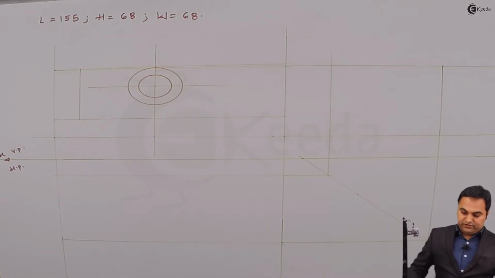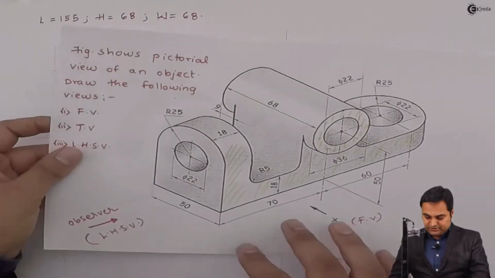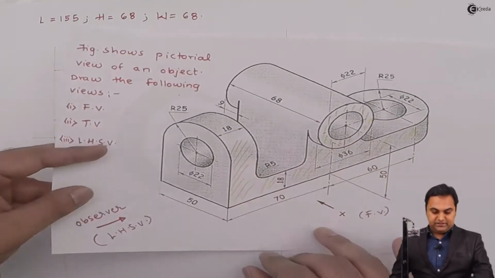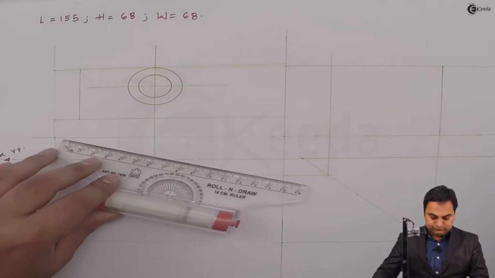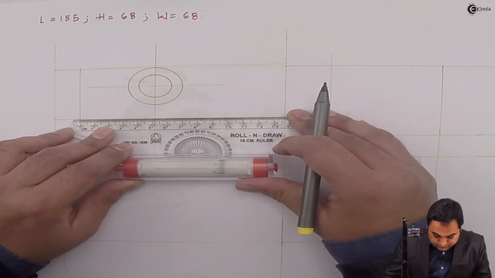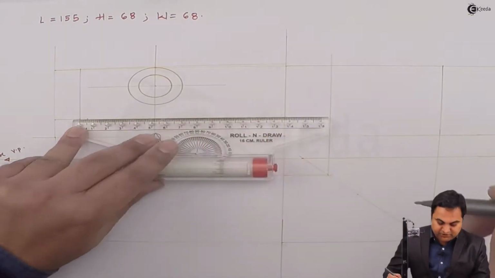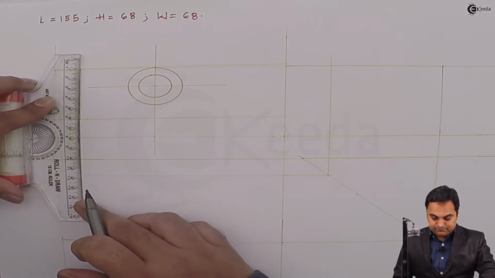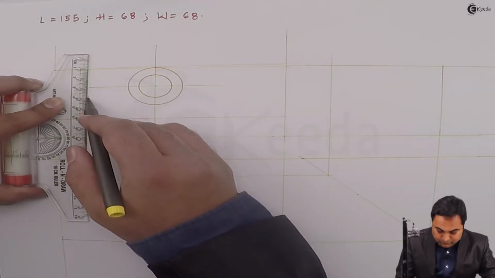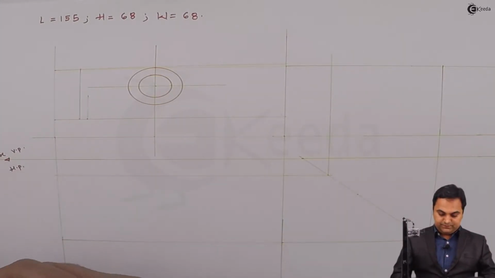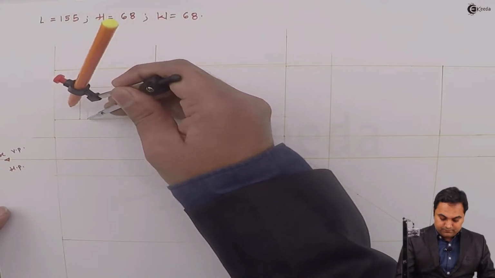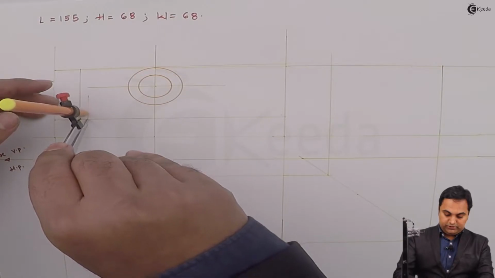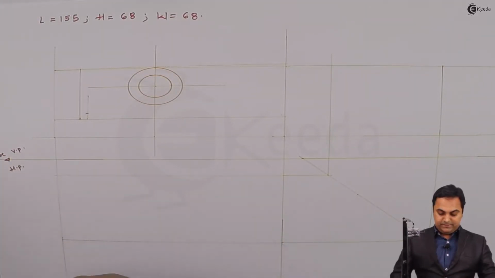Next, after that, here there is a small radius of 5 mm where the horizontal and vertical plates are connected. I am measuring the distance as 5 mm, projecting light vertical line through it. Next, measuring this 5 mm and plotting it over here to get the center.